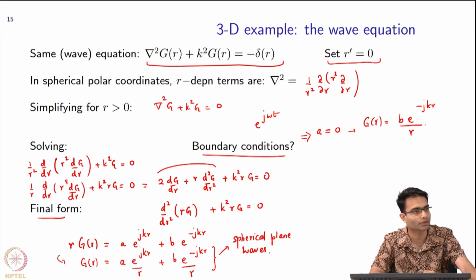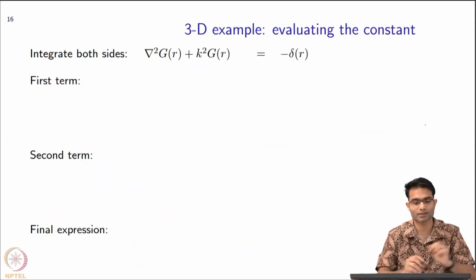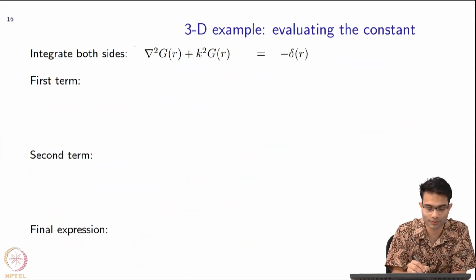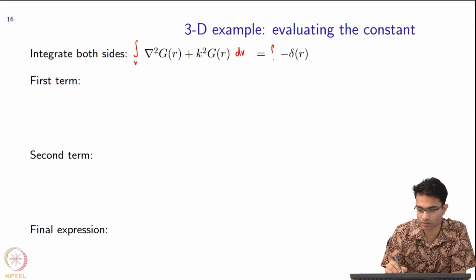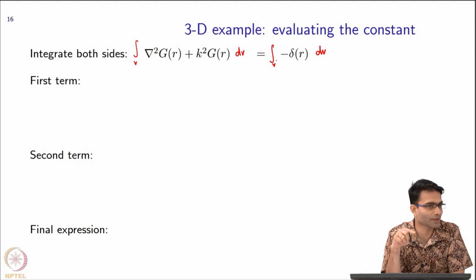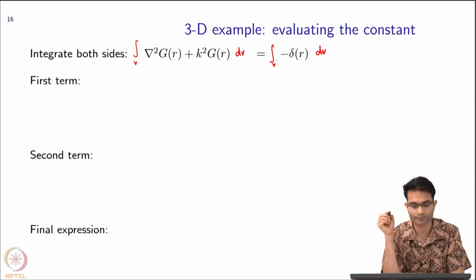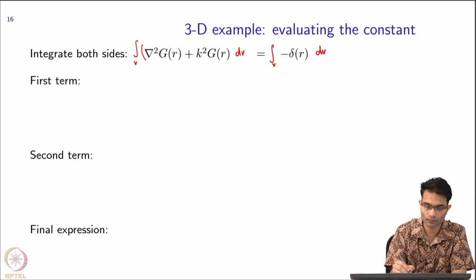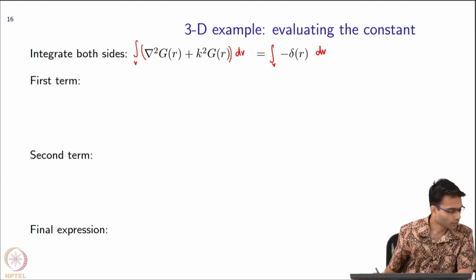By now you know the game. So we take this differential equation and do a volume integral on both sides. Even though I am putting one integral sign, I do mean a 3-dimensional integration. So what happens?